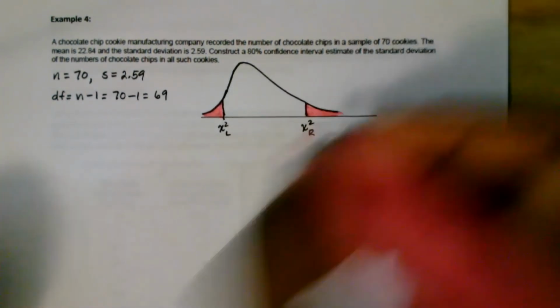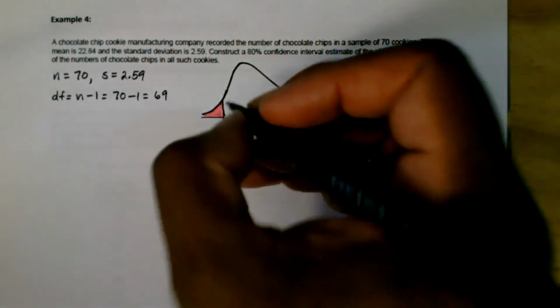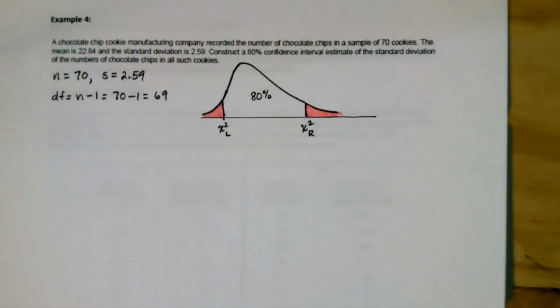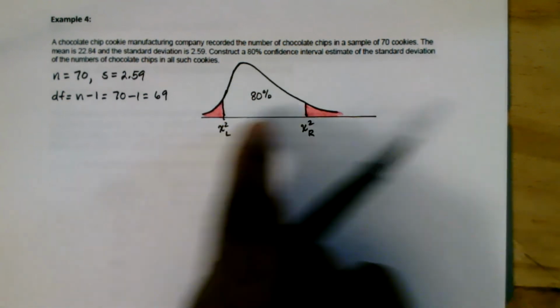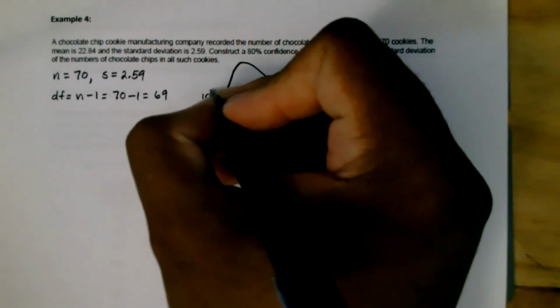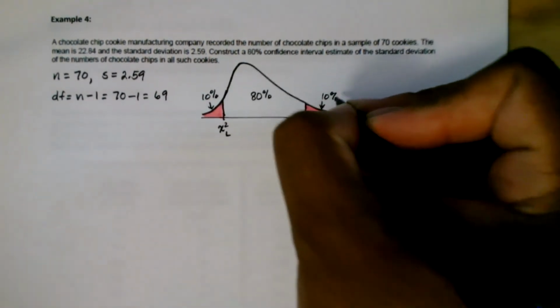So I have a left tail and a right tail, critical values for chi-square. We're doing an 80% confidence level, so 80% is in the center. If the area underneath the curve is 100%, then 100 minus 80 gives me 20%. That 20% is split between these two tails, so there's 10% on the left side and 10% on the right side.